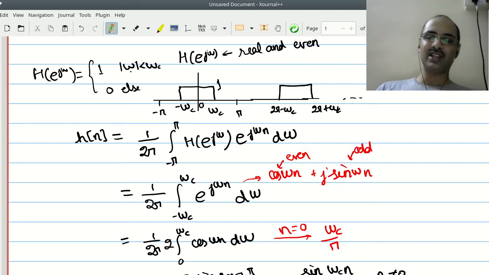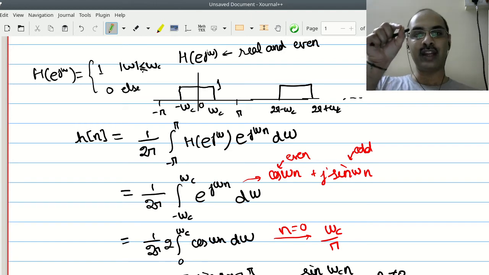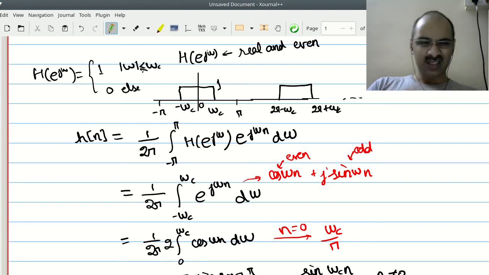I am being somewhat loose over here, or I can write it less than or equal to. Both of these will give the same inverse Fourier transform, because the integral doesn't care for the value at exactly one point. This leads to a certain issue which we will look at later.